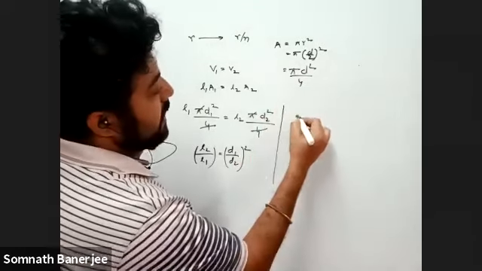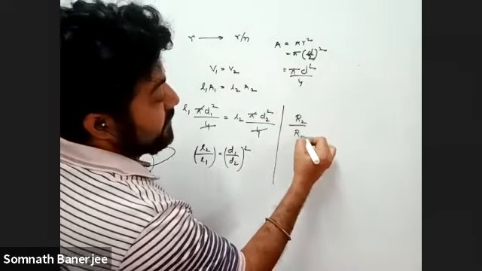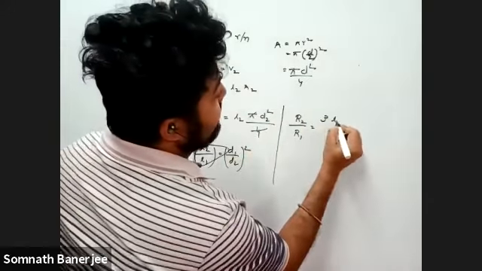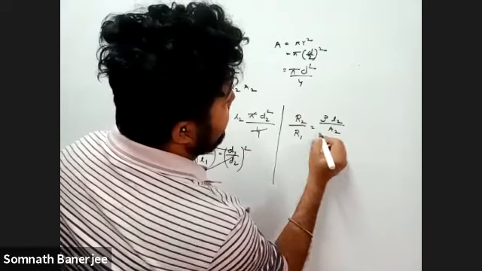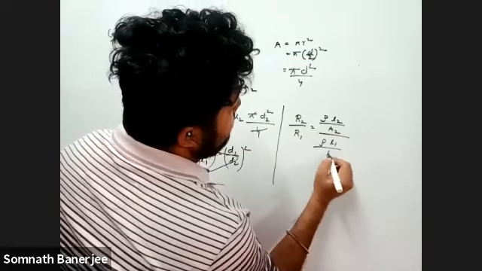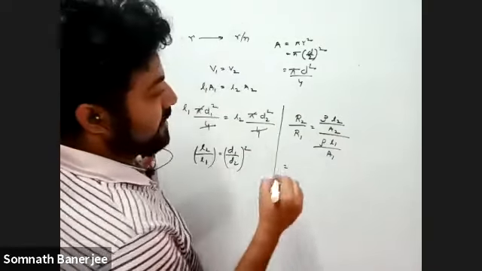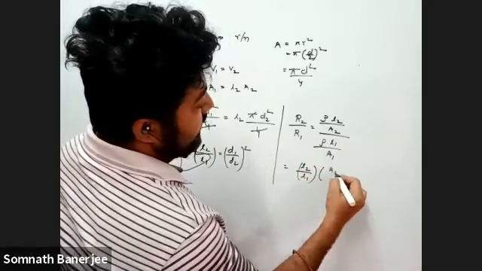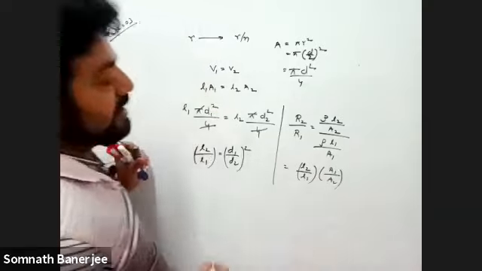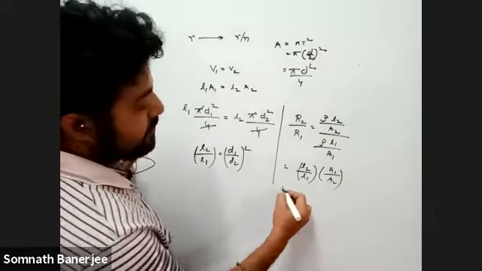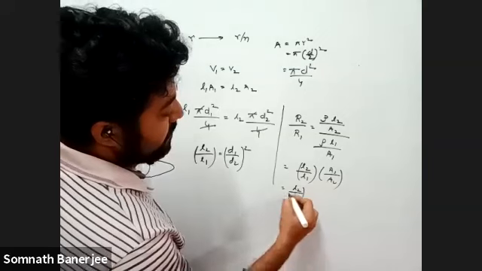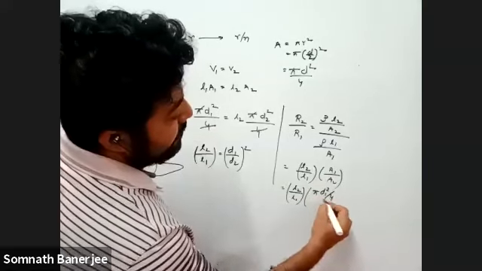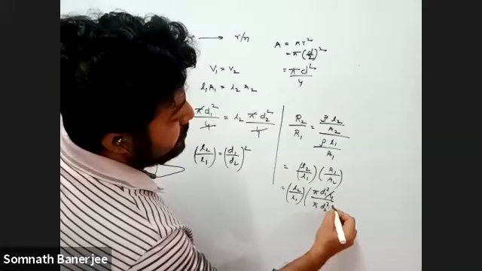Now R2 by R1, what can we write? Rho is the same, L2 by A2, rho L1 by A1. So rho cancels, and we can write L2 by L1 times A1 by A2. Now A1 means pi D1 square by 4, and A2 is pi D2 square by 4.